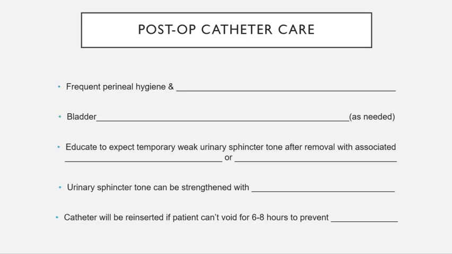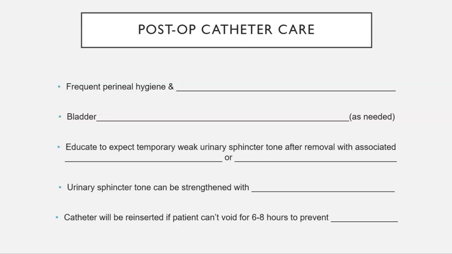Okay, catheter care in the post-op phase for these prostate patients. Frequent perineal hygiene and catheter care post-op. Bladder irrigation as needed. Educate the patient to expect temporary weak urinary sphincter tone after removal of the catheter, and that is associated with incontinence or dribbling.